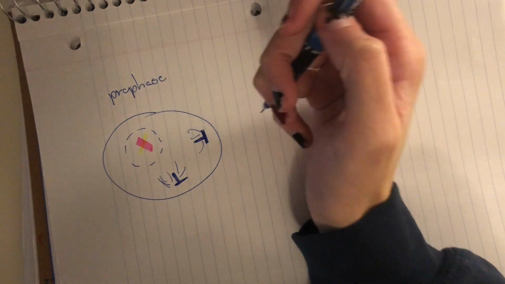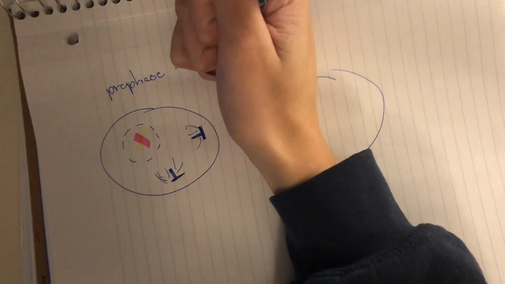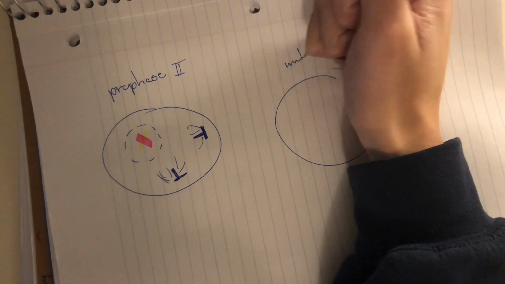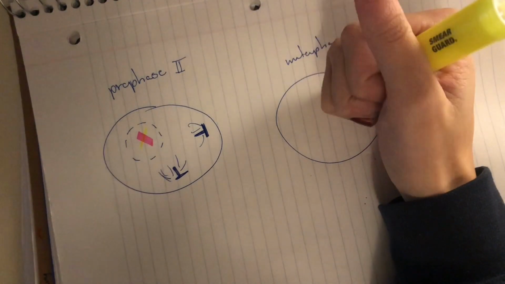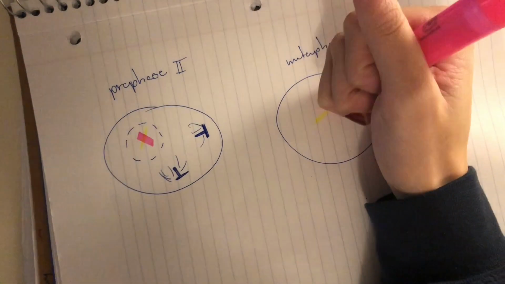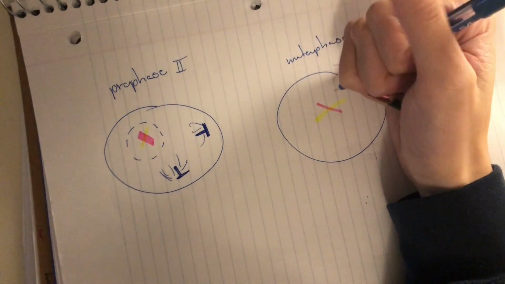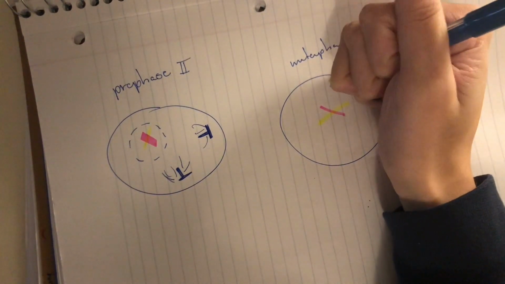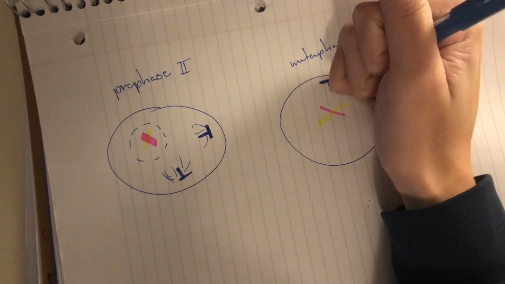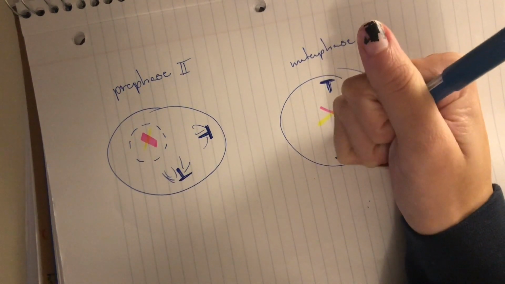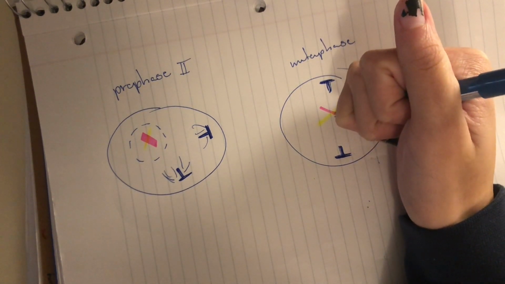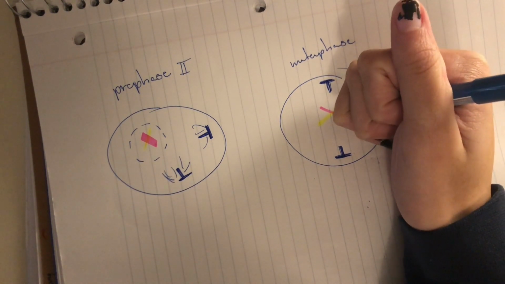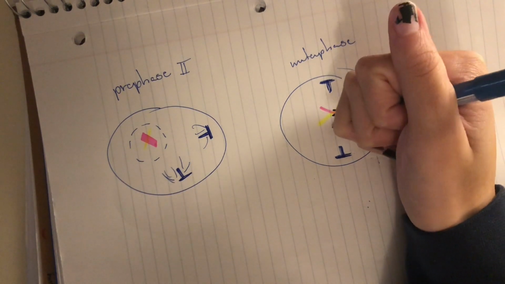And then during metaphase 2, they meet up at the metaphase plate. And we have our spindle. This time, the spindle fibers from opposite poles attach to the one kinetochore.